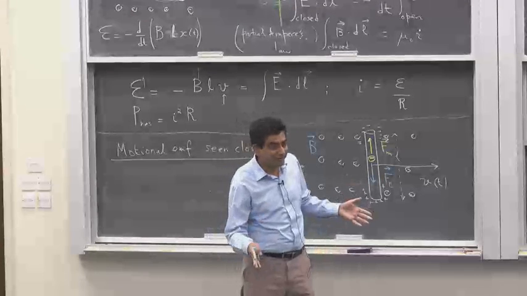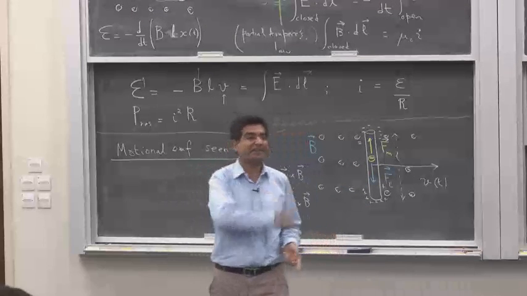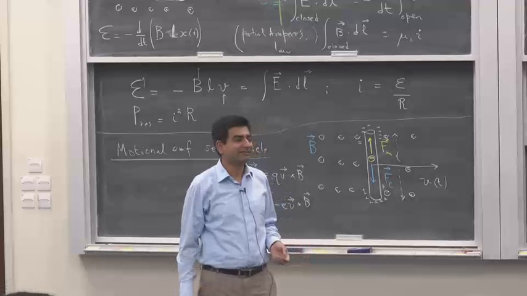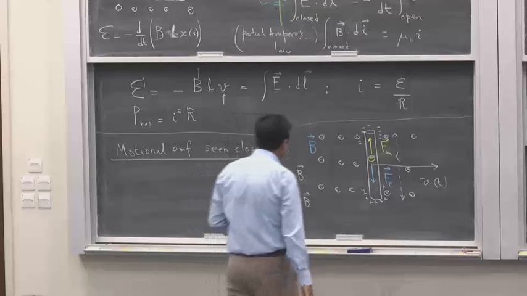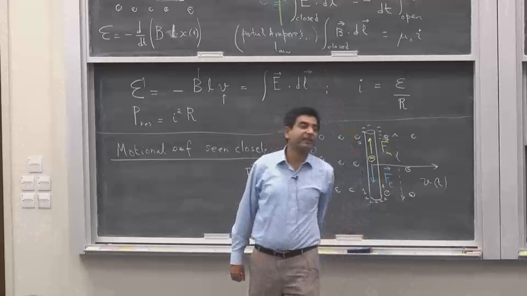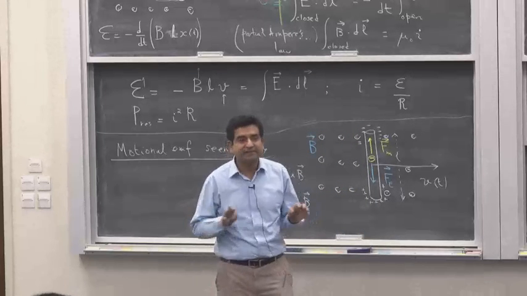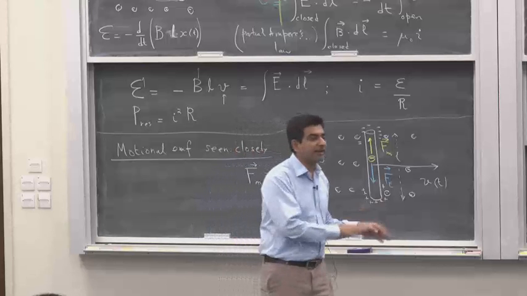Now you have a conductor. It's in equilibrium, but still there exists an electric field inside the conductor. So now this is a complete departure from what we've already seen. What we've seen previously in electrostatic conditions is that an electric field cannot exist inside a conductor which does not carry a current.